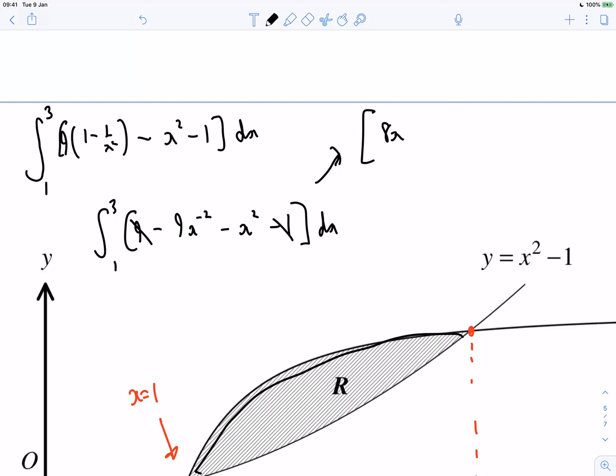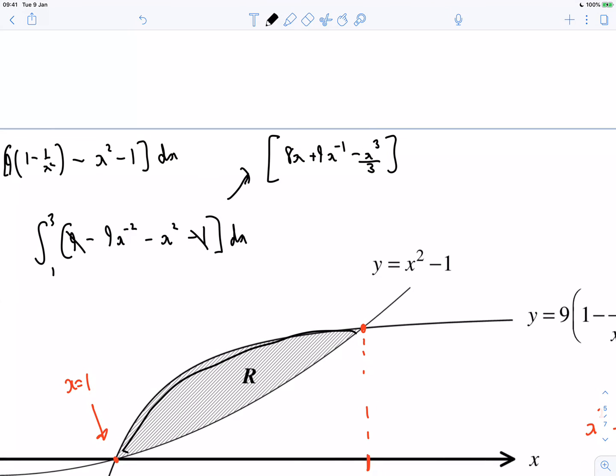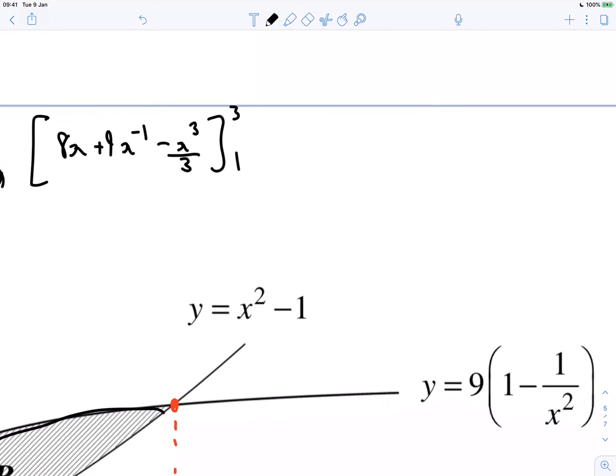Add 1 to the power, divided by the new power: that becomes x to the minus 1, divided by minus 1, so minus 9 divided by minus 1 becomes plus 9 over x. And then minus x squared, add 1 to the power, so it's cubed, divided by the new power, so it's minus x cubed over 3. I could put the plus c, the constant of integration, but it's just going to be subtracted out, and this is evaluated between 3 and 1.